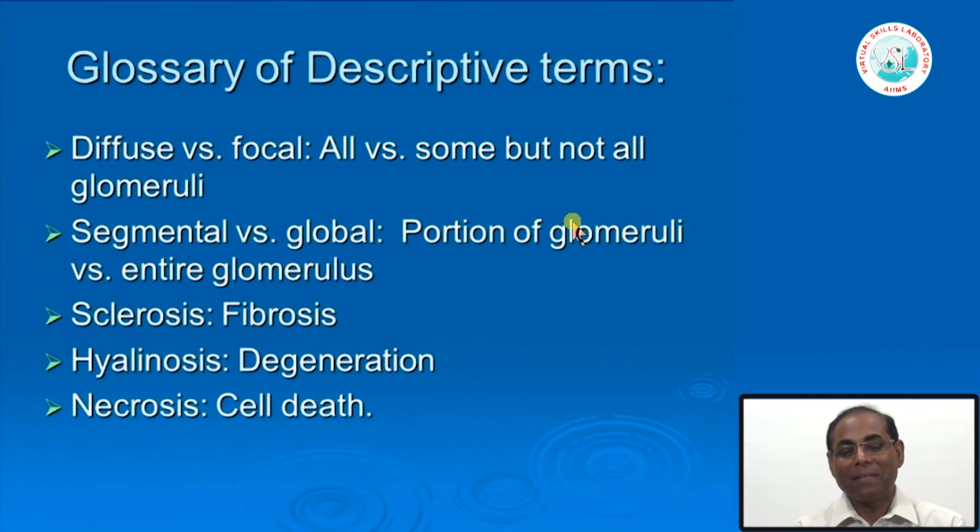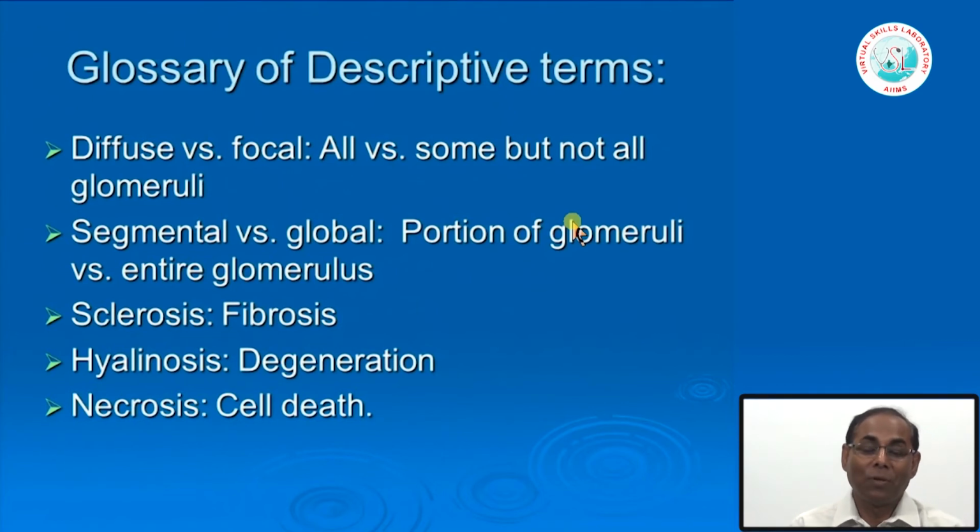Classically we say 50%. If less than 50% of glomeruli are involved in a particular biopsy or sample you are viewing under the microscope, then we call it a focal disease. If it is 50% or above, then we call it a diffuse disease.